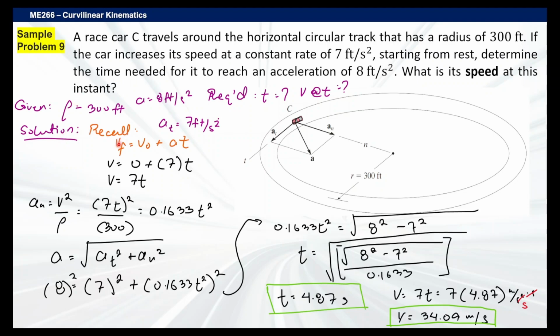Recall our solution here: final velocity equals initial velocity plus acceleration times time t. At constant rate, starting from rest, our initial velocity is 0, and our acceleration is 7 feet per second squared. So our final velocity is 7t.